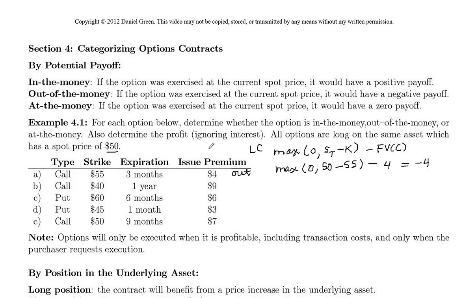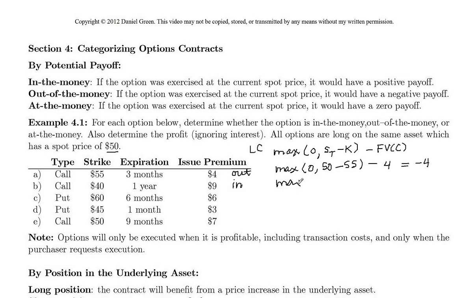In the previous case we would have had a negative payoff, negative $5. Here we don't. We've got a right to buy for $40, so this is in the money because we'll have a positive payoff if we exercise.